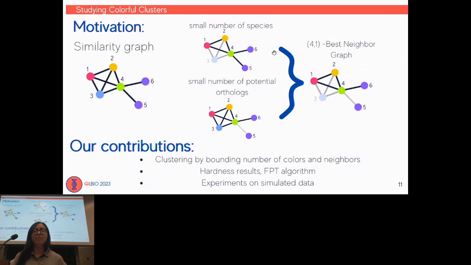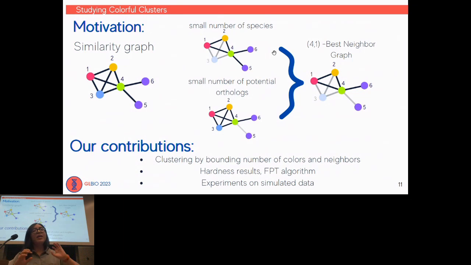The main motivation of this work is that in orthology inference studies, usually the number of species that we consider is small, and also the number of potential orthologs that we consider for each species is small.